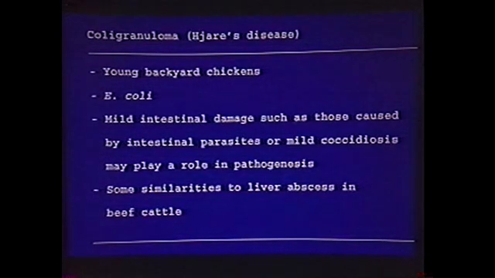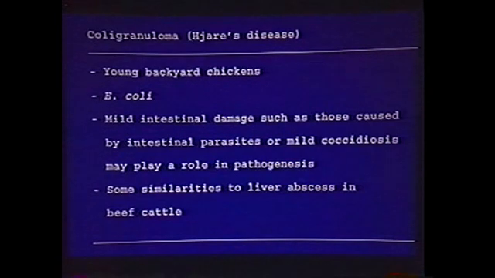I talked earlier about the suggested pathogenesis of this condition, where there is intestinal irritation or damage that predisposes to liver infection. There are some similarities between this lesion and liver abscess in beef cattle. Beef cattle with grain overload develop ruminitis, damage to the intestine, and then mycotic infection of the intestinal wall.